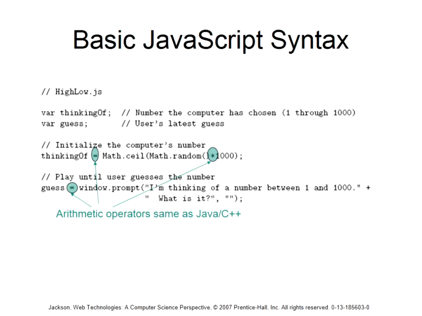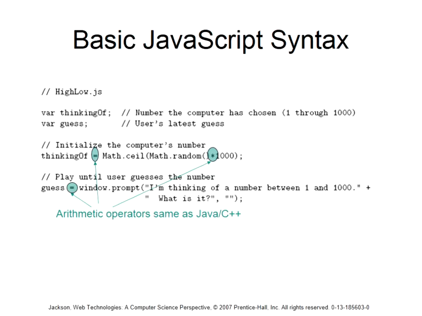Equal. So what's the meaning of equal? Arithmetic operators are the same as Java and C++. Here that means the variable thinking of equal Math.ceil of Math.random multiplied by 1000.